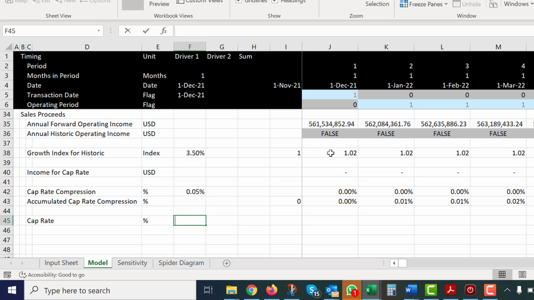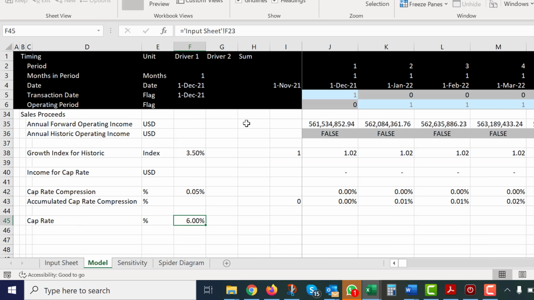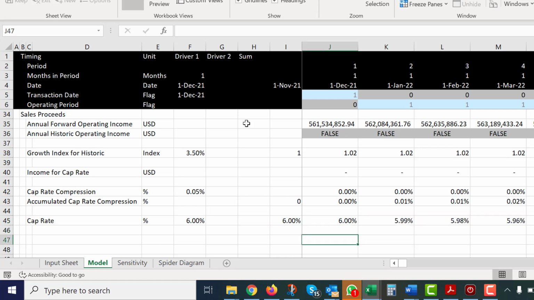We'll use our starting cap rate first, which is this 6%, I'm assuming, and then we'll put this minus our accumulated cap rate compression.